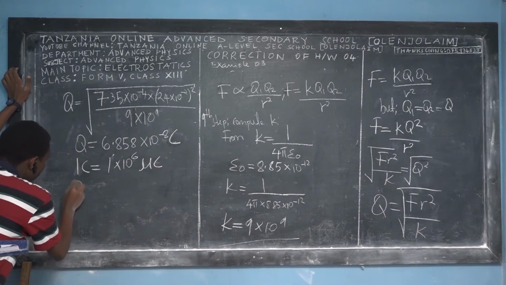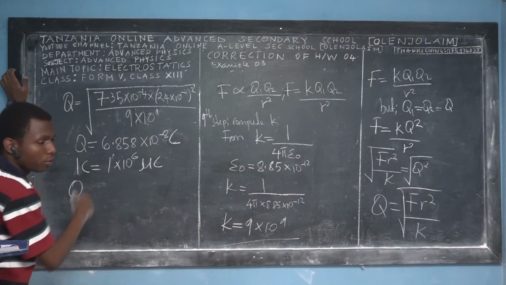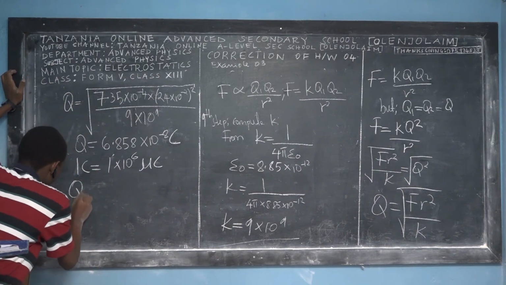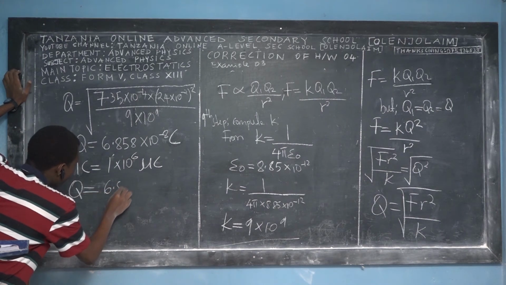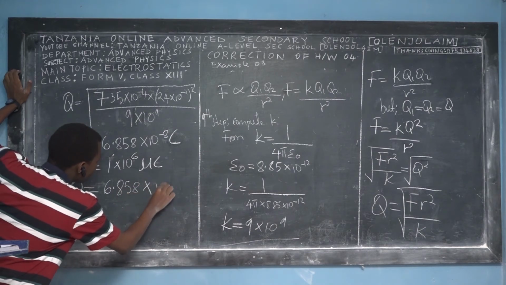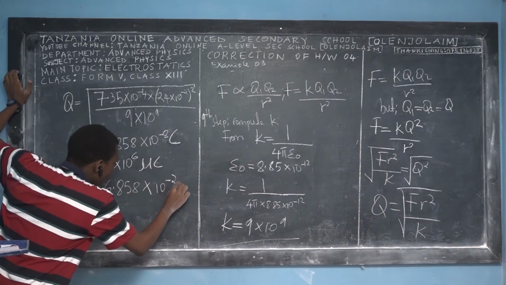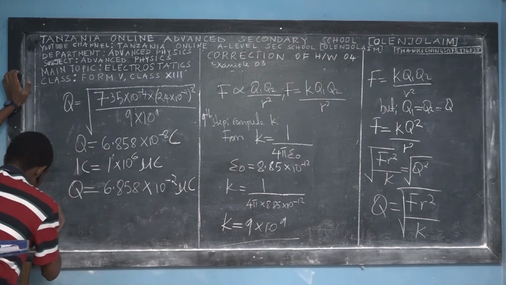So 1 coulomb is equal to what? 1 exponent 6 microcoulomb. So the value of charge is equal to 6.858 exponent negative 2 microcoulomb.